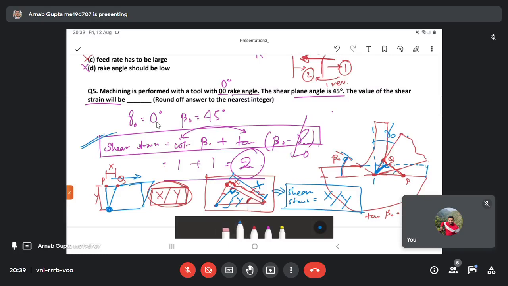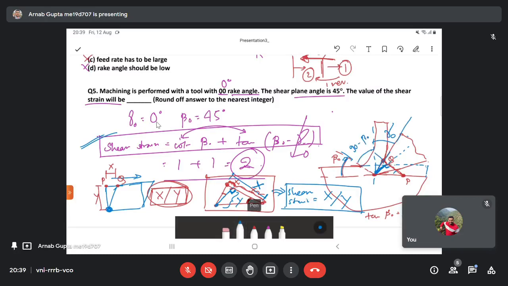In this particular triangle, this is beta naught. It will take some time.